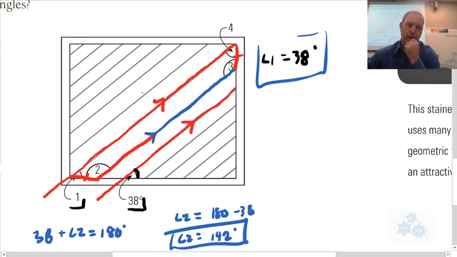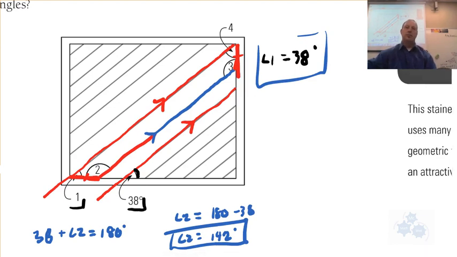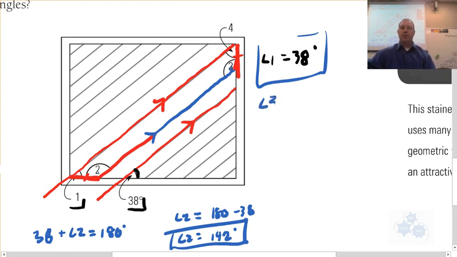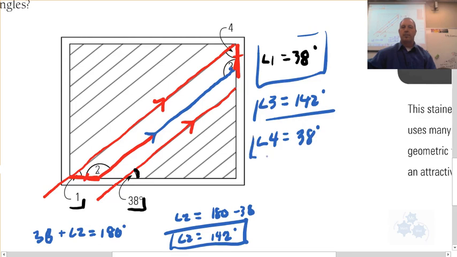If those are parallel, yeah, it's rectangular, so I guess you could say, because these are 90, right? That's an isosceles trapezoid. So yeah, angle 2 and angle 3 should be the same. Angle 3 should be 142 as well. And angle 4 and angle 1 really should be the same. So let's say that is 38 degrees.